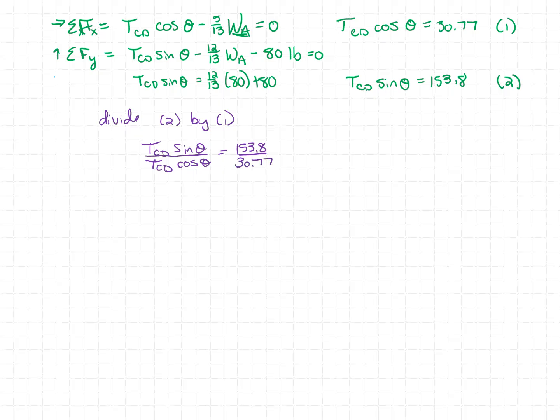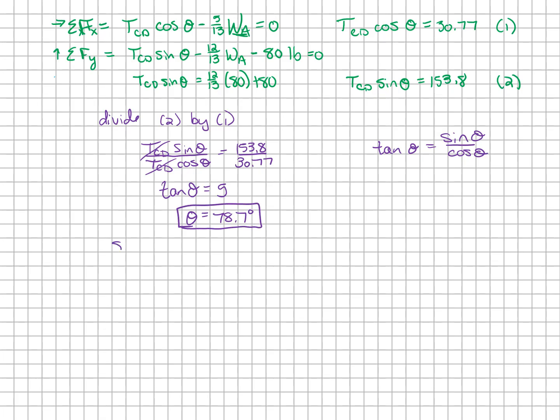And keeping in mind that makes it easy because I recognize that tangent of theta is equal to the sine of theta over the cosine of theta. So these cross out, and I'm going to replace sine over cosine with tangent of theta is equal to 5. So then I can solve for theta is equal to 78.7 degrees.